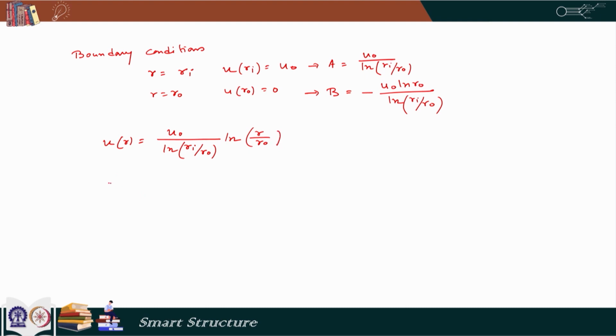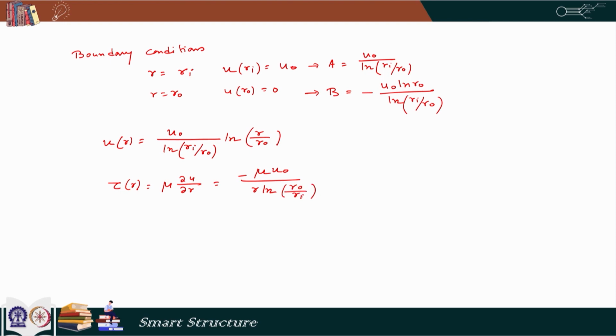Now, if this is so, then the shear stress tau is equal to mu into del u by del r, and that becomes minus mu u 0 by r into natural log of r 0 by r I.